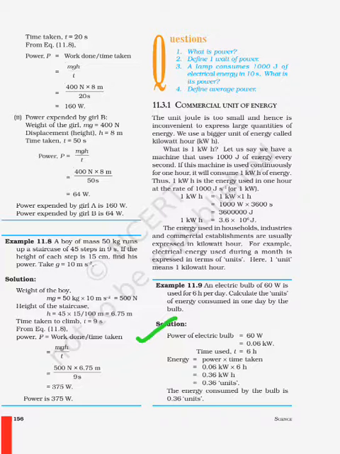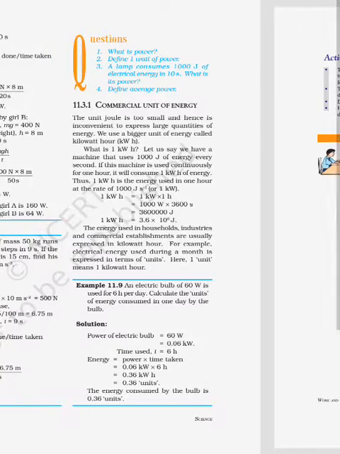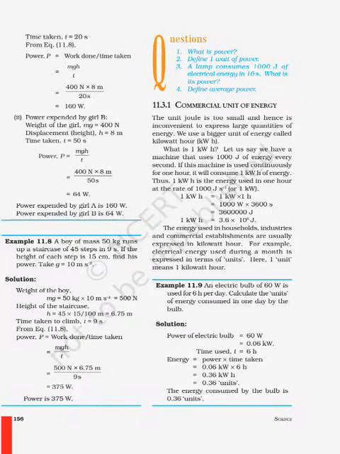so energy in 6 hour is 0.06 into 6, which is equal to 0.36 unit. The energy consumed by the bulb is 0.36 unit. Because the bulb is used for 6 hours only, we will calculate for 6 hours only.